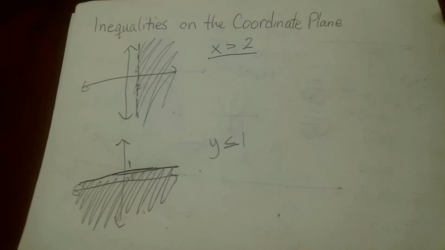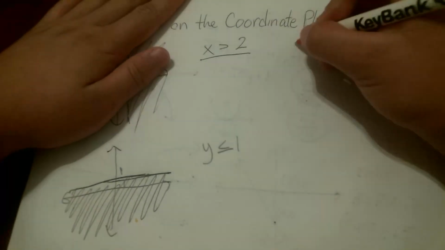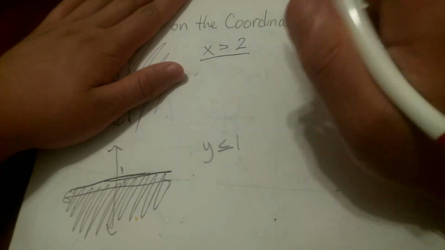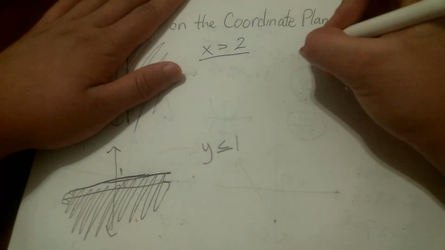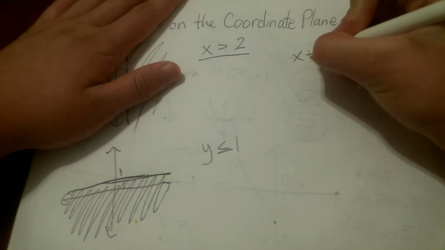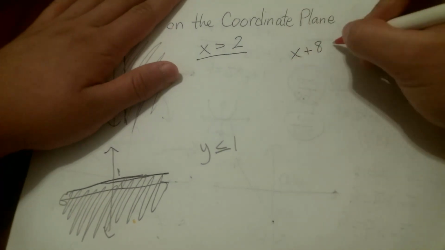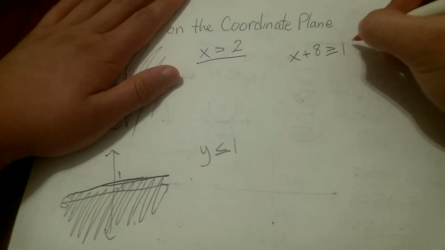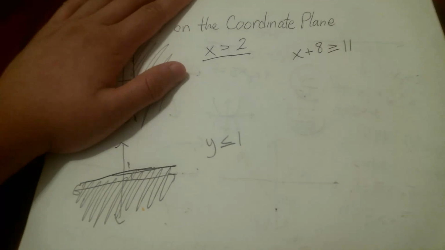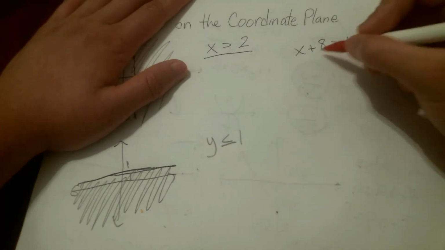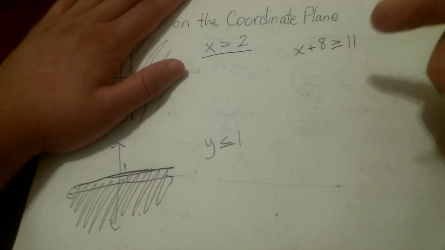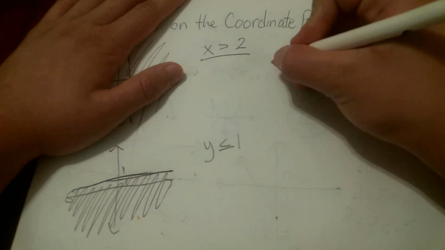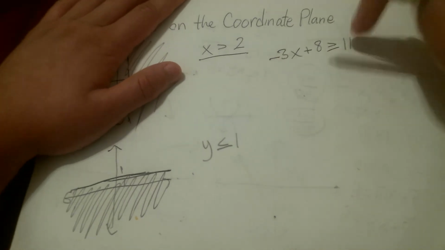And we can also have inequalities that need to be solved in order to have the variable on only one side, such as negative 3x plus 8 is greater than or equal to 11.